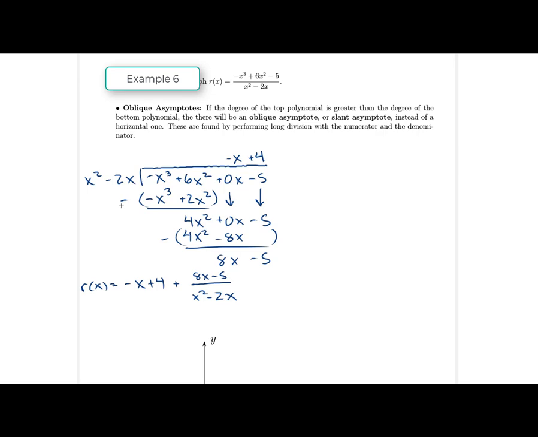Now, let's remember that as x goes to plus or minus infinity, the bottom is going to get to infinity or negative infinity a lot faster than the top because of the square down here, right? So when the degree on the bottom is bigger than the degree on top, then everything goes to 0. So this goes to 0 when that happens.